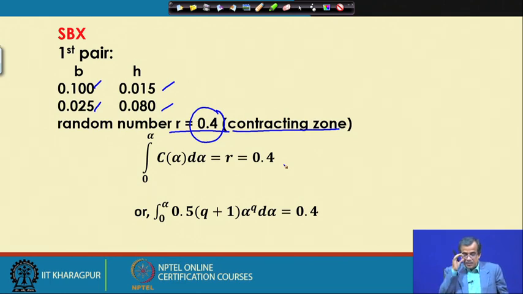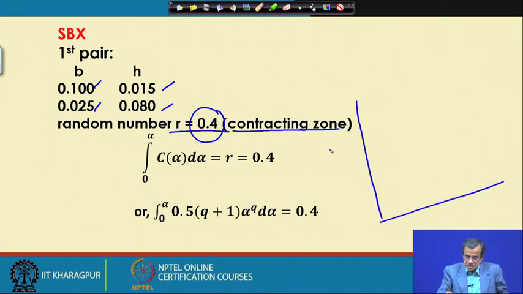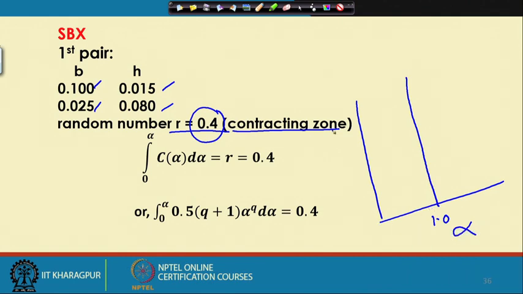Now, to recapitulate, if I just want to see that probability distribution, say this is actually alpha corresponding to 1 here, this side is more than 1, less than 1, and this is the probability distribution.